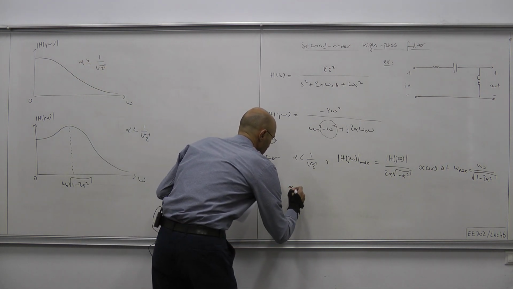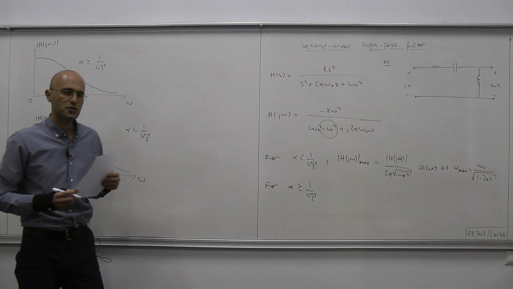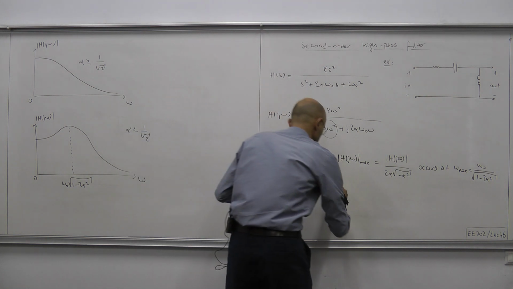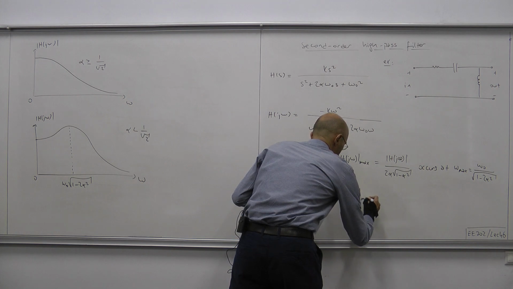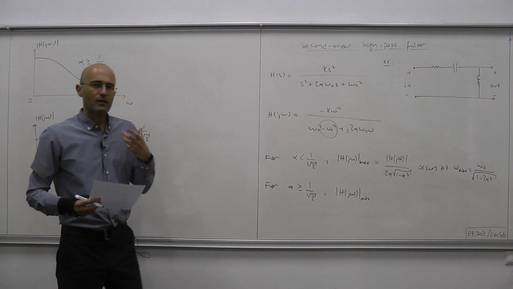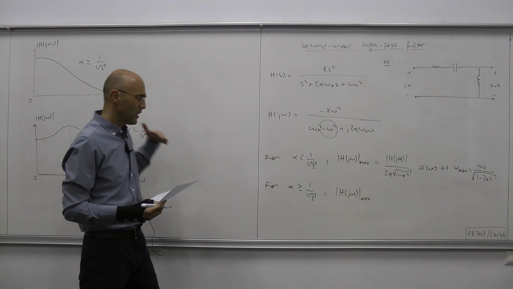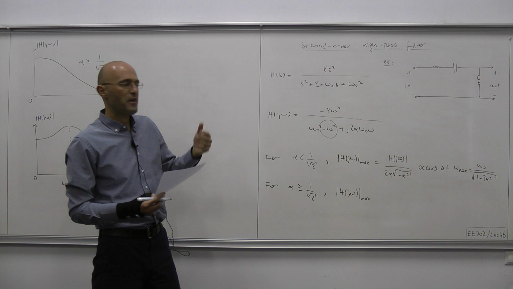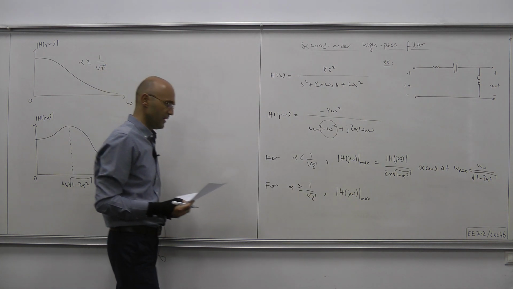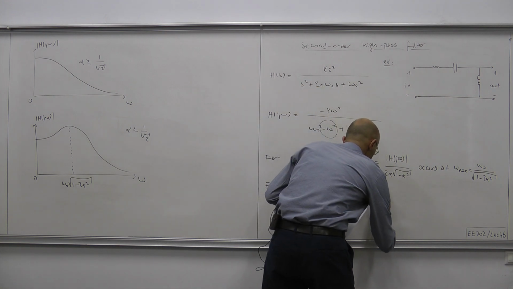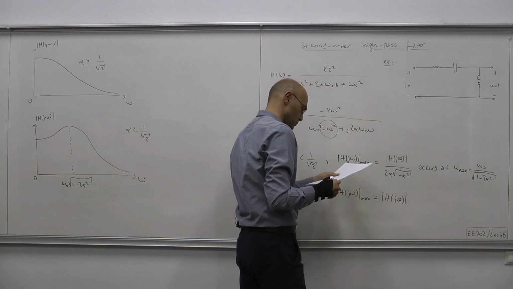And when alpha is large, that is, larger than 1 over square root of 2, then the gain function adopts a monotonic behavior. Therefore, it's constantly increasing, and when that's the case, the maximum is attained when omega tends to infinity. So H j omega max equals the magnitude of H j infinity.